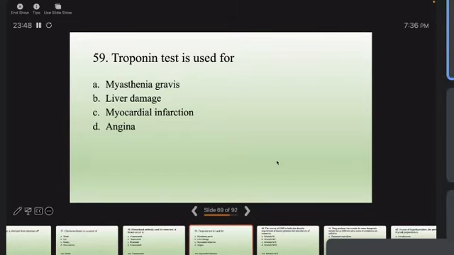We come down to myocardial infarction and angina. Within these two, is it angina or myocardial infarction? Okay, the answer is myocardial infarction, not angina.